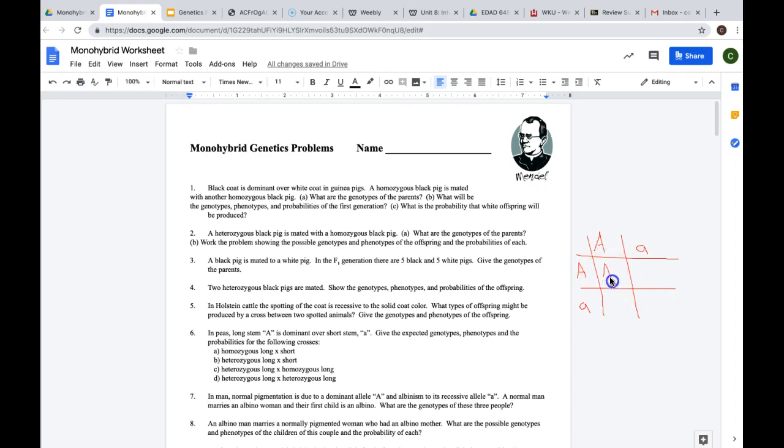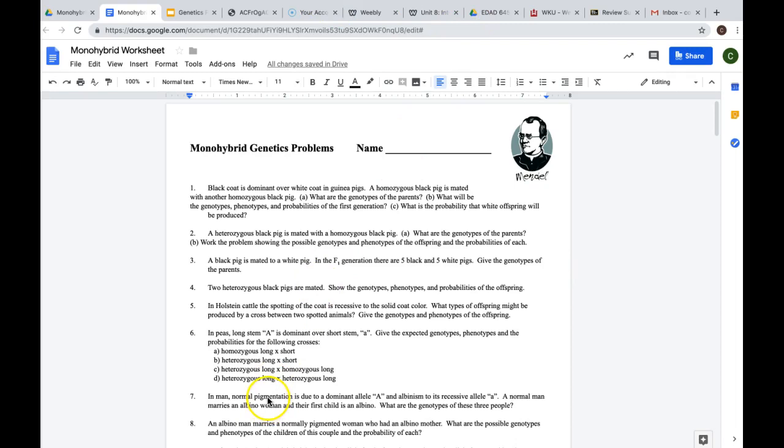So here we'll have, all right, so genotype will be 1/4 homozygous long, 1/4 heterozygous, 1/4 homozygous recessive or short. So we'll have 3/4 or 75% long stem and 1/4 or 25% short stem. Okay.